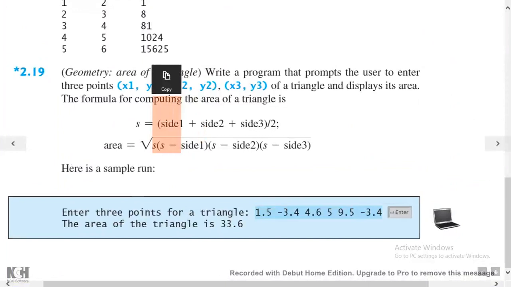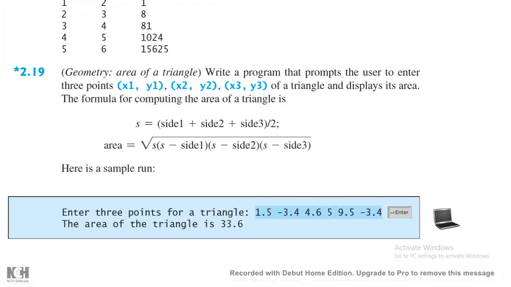If we decided not to have s, then we would have a square root of side 1 plus side 2 plus side 3 all over 2 multiplied by s minus side 1, and multiplied by a. I hope you see what I'm trying to say here.